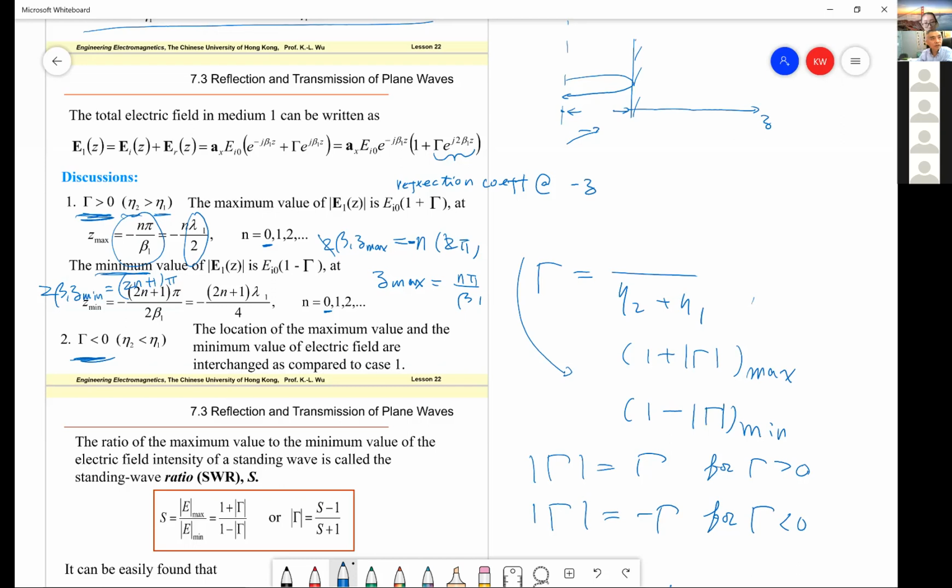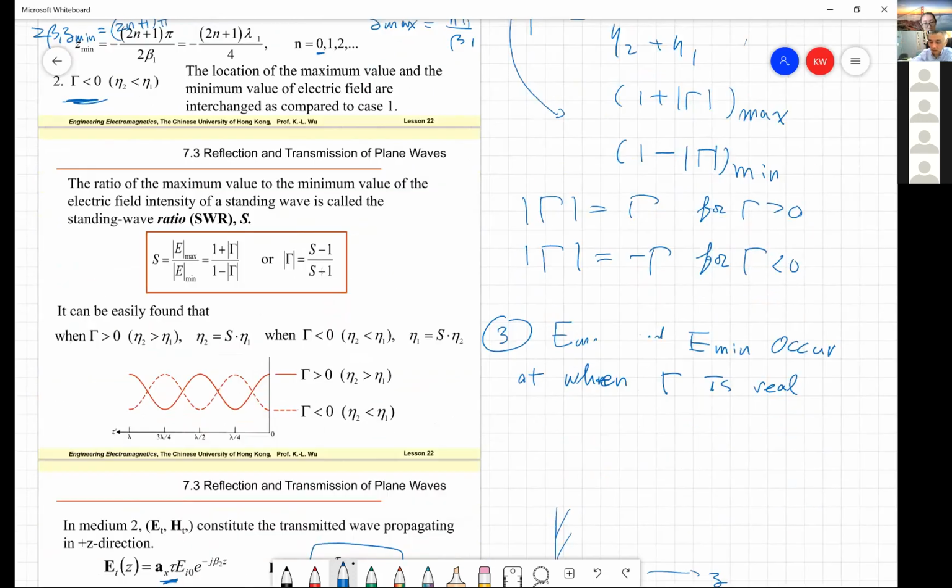In general, this value is a complex number, all right? It is not a complex number only when the phase is either 0 plus nπ or π plus nπ, right?